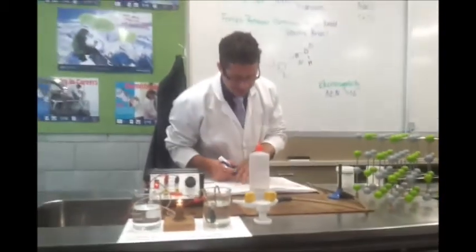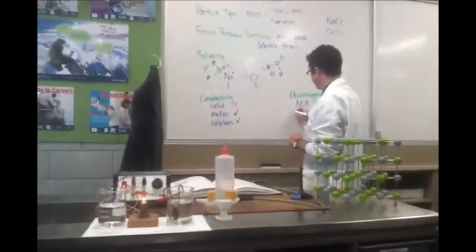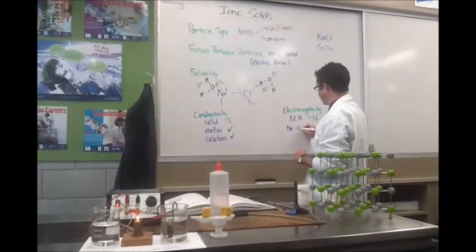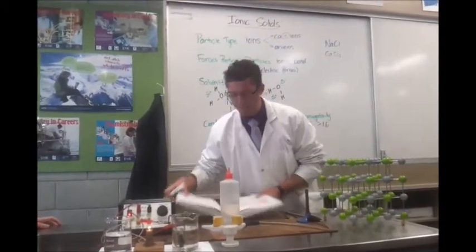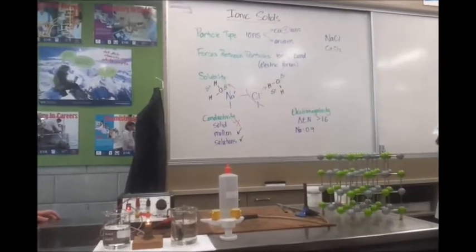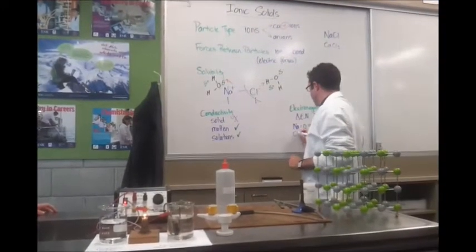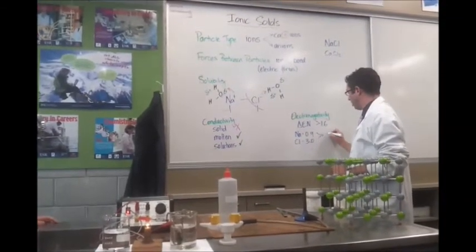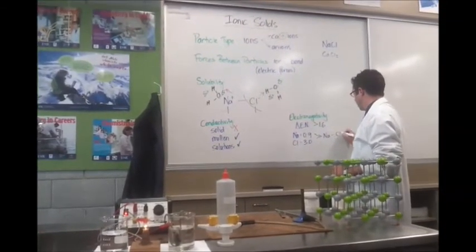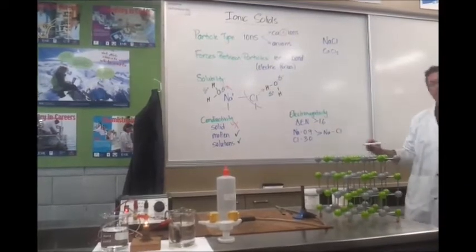Okay, the electronegativity of sodium. Sorry about this. Sodium has got an electronegativity of 0.9. And chlorine's electronegativity is 3.0. So when they join together to make sodium chloride, the difference is 2.1.